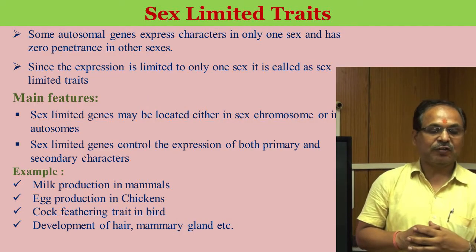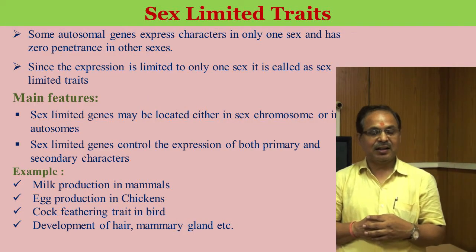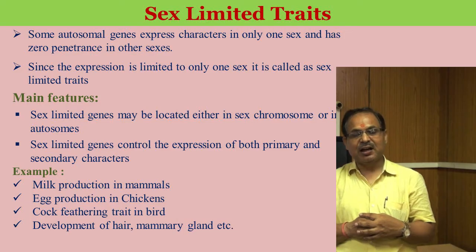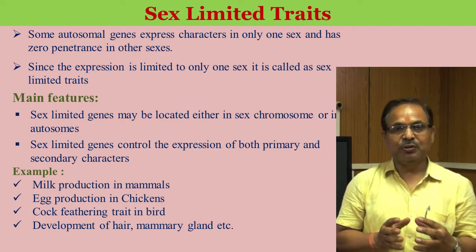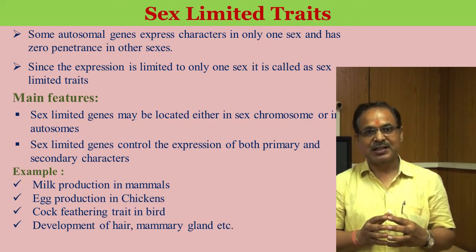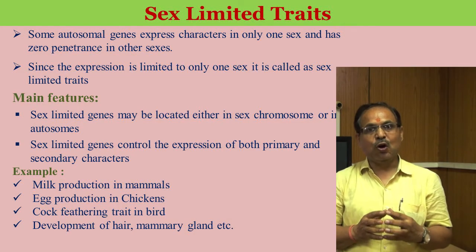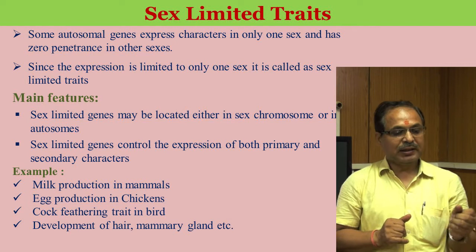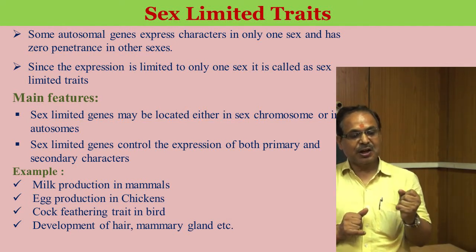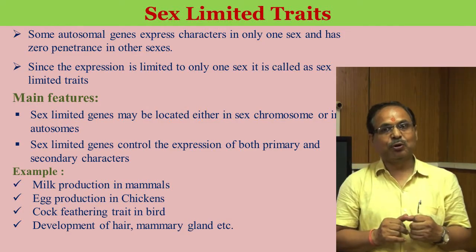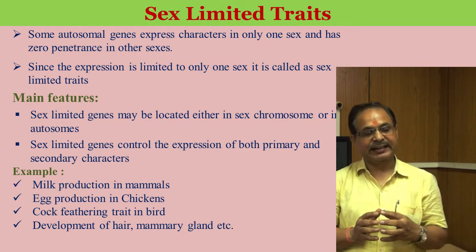The main feature of these traits is that the genes may be located either on the sex chromosome or in autosomes. These genes control the expression of both primary and secondary characters.